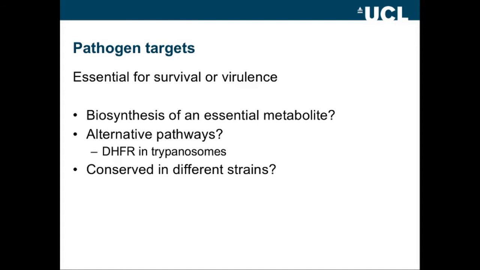So a well-known example here is in trypanosomes. We have the protein dihydrofolate reductase, and this appears to be part of an essential pathway. But in fact, if we inhibit DHFR, there are other pathways that can often take over, so these inhibitors are not terribly effective as drugs.